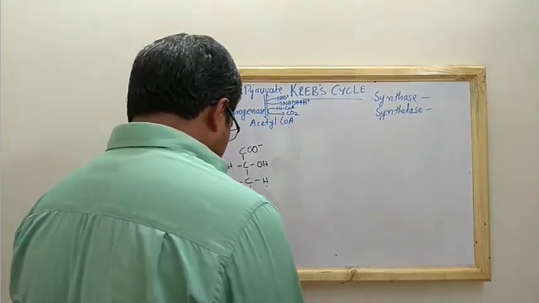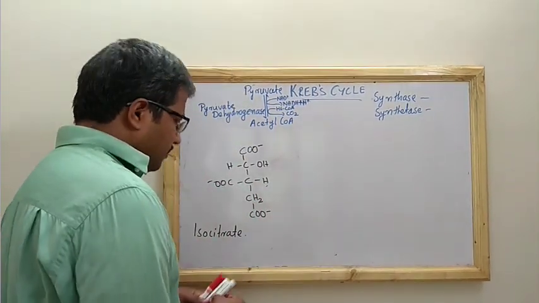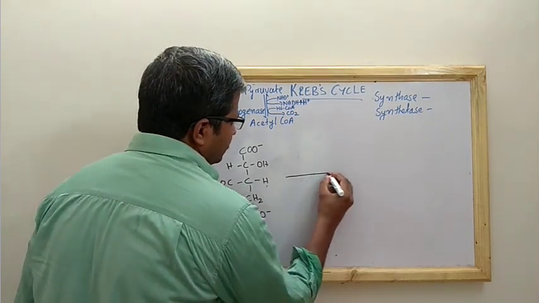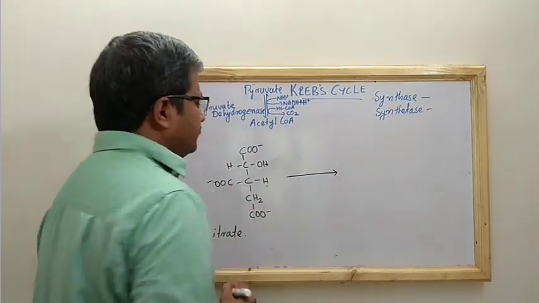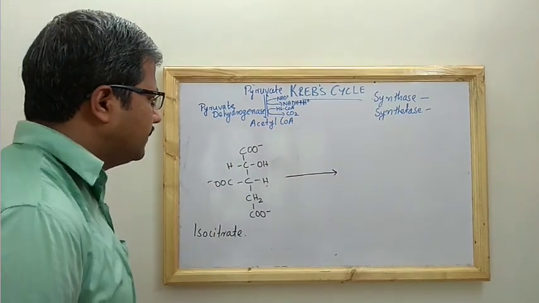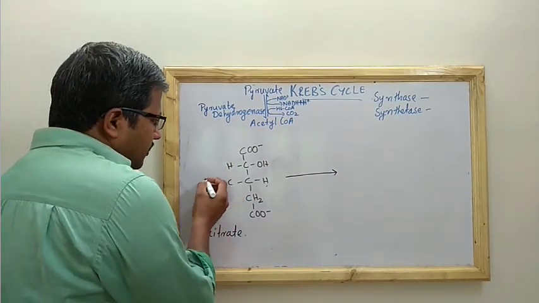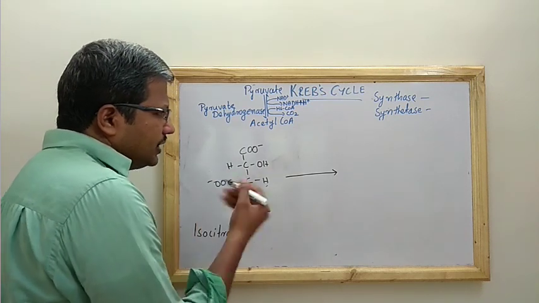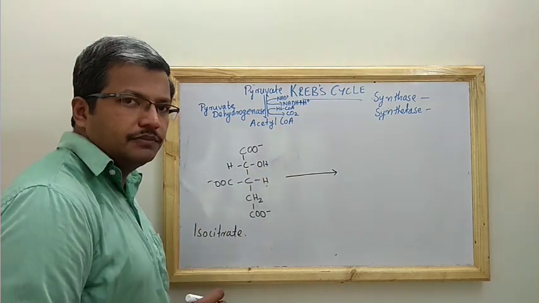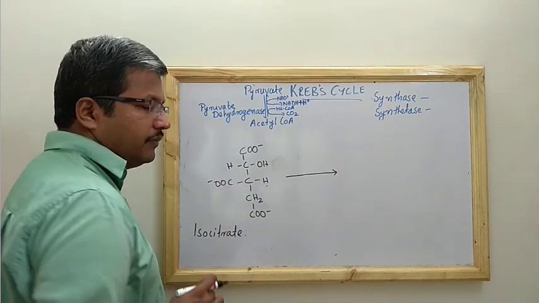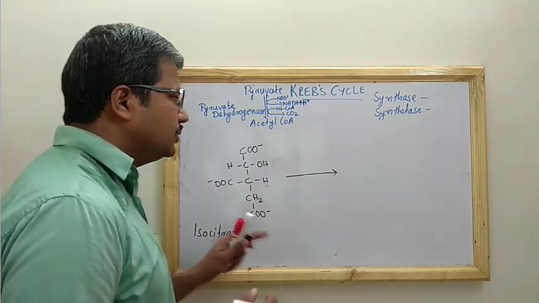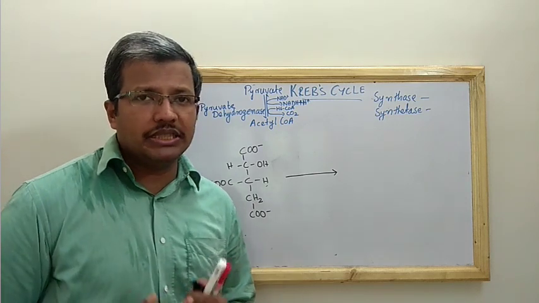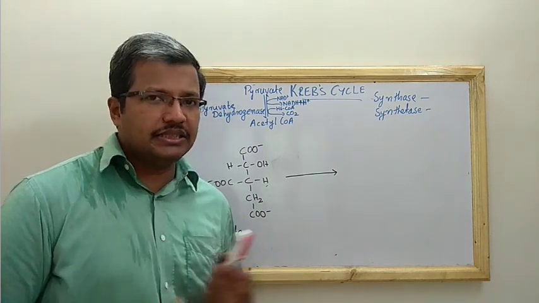Isocitrate is now undergoing the oxidative decarboxylation process. We can see here this particular carbon dioxide, COO minus, will be released. But keep in mind, this also happens in a two-step process where an intermediate compound known as oxalosuccinate is there.